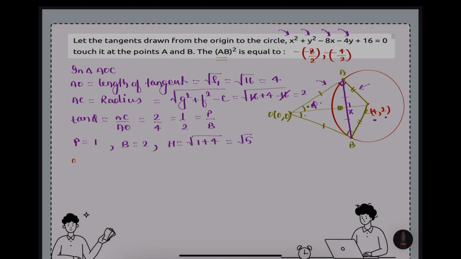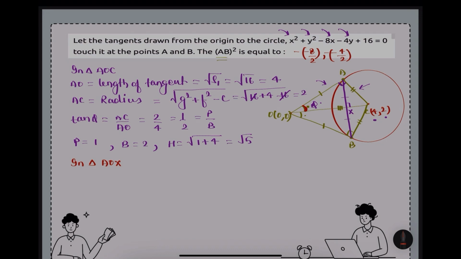Now I'll be considering triangle AOX. This triangle I am talking about. Is that okay? Now we have to find AX. You know AO, and this angle you know. This associated angle contains the base and the hypotenuse.